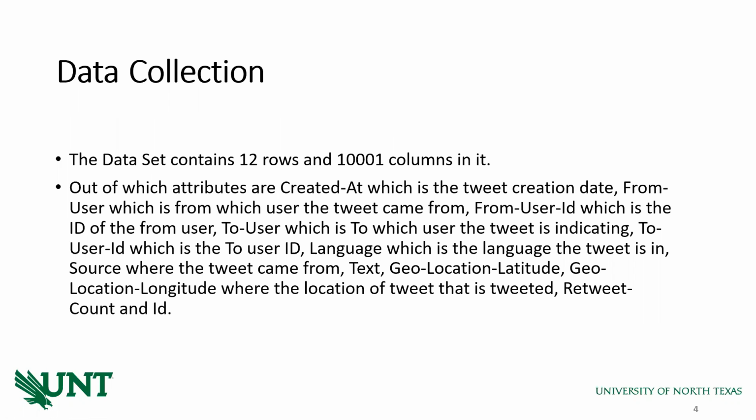The 12 rows are divided into different categories such as created at, which shows the date of the tweet; from user, the user from which the tweet was made; from user ID, which is the ID of the from user; to user, which is the user the tweet is indicating to; and to user ID, which is the ID for the to user.